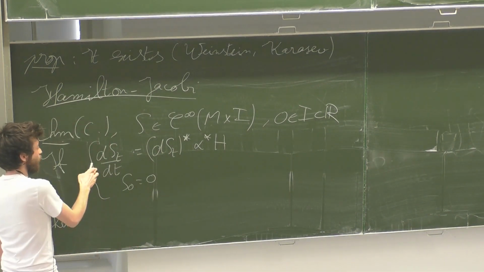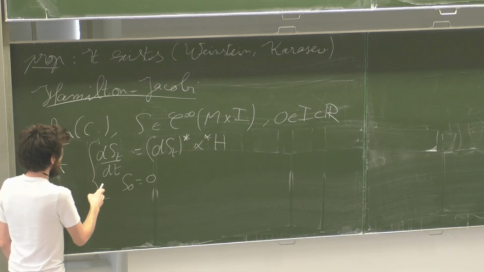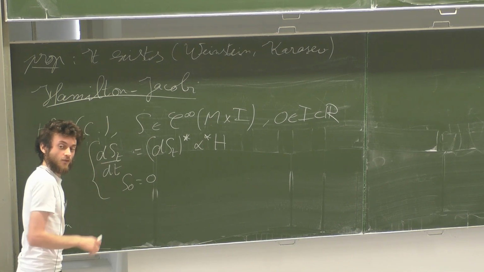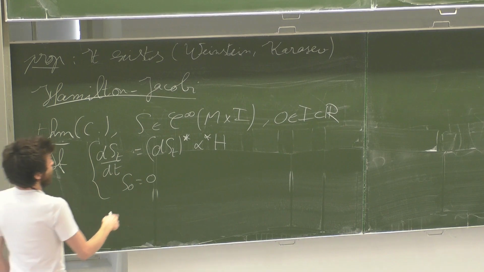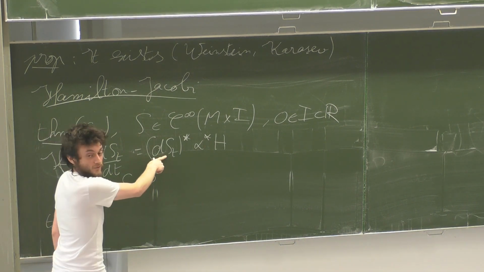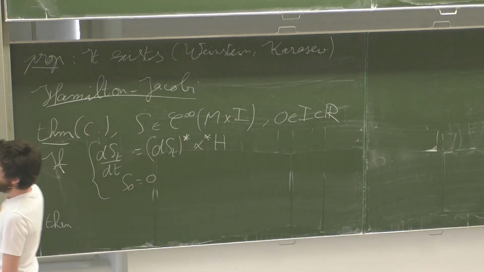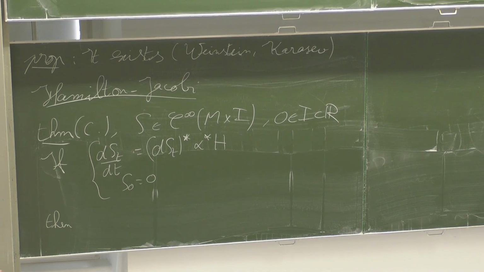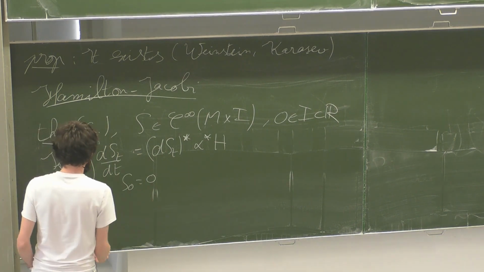This equation will tell you a condition on ST so that the graph of dST in U will recover the Hamiltonian flow.